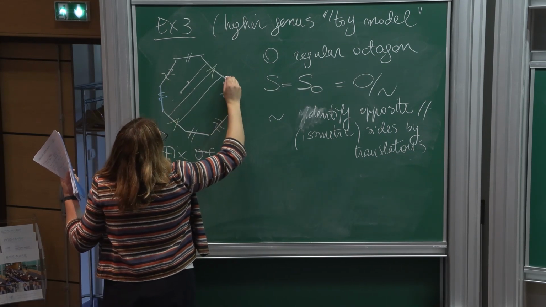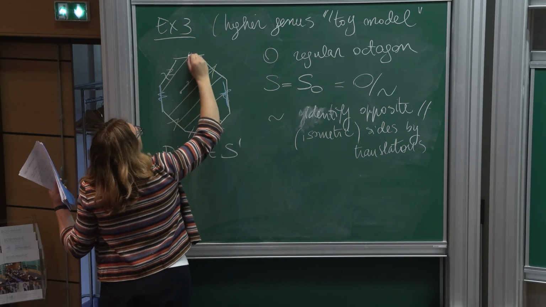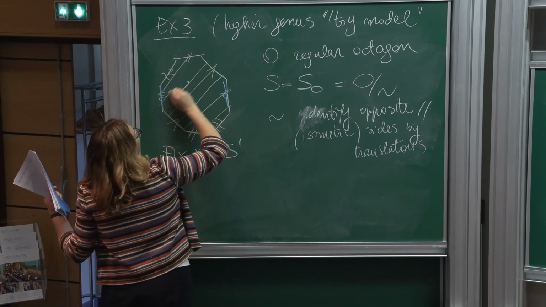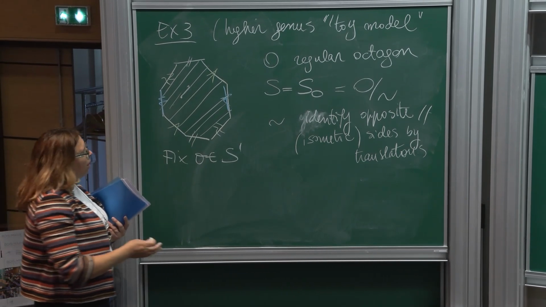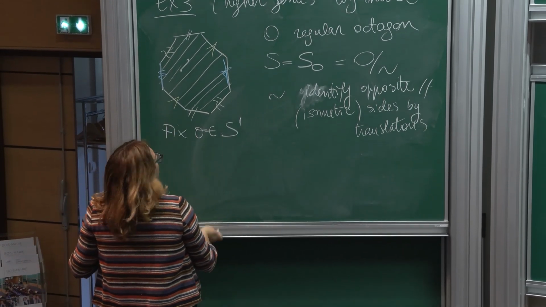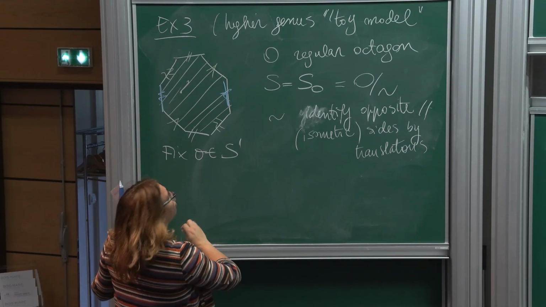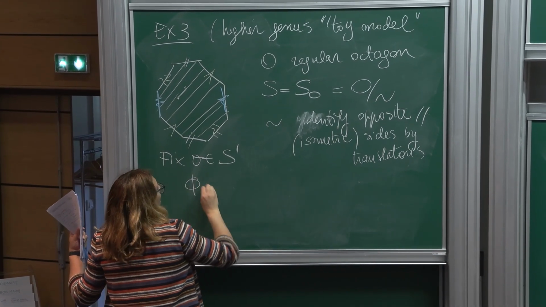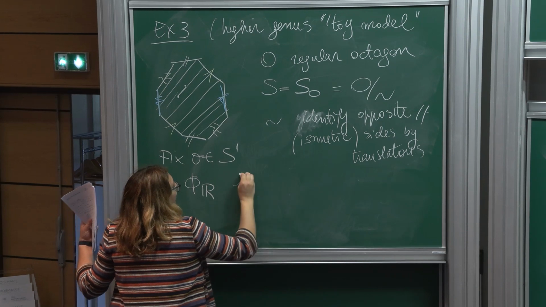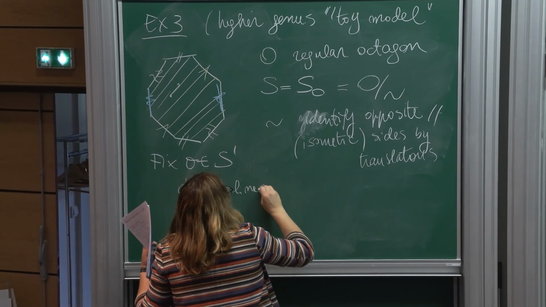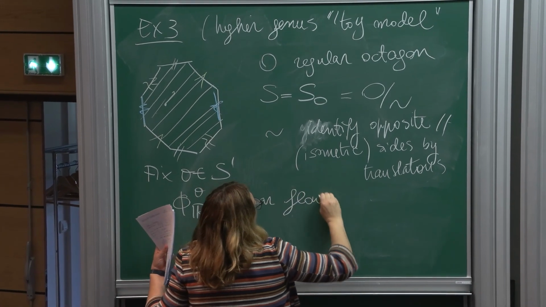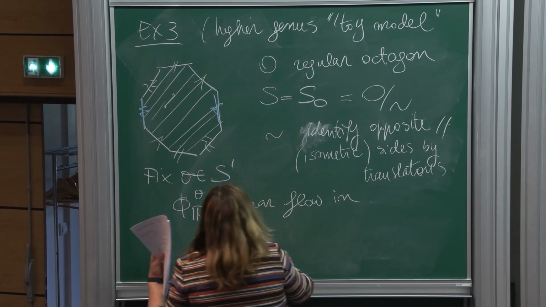Every time you go out, you come back using the gluing. Let me give it the same name that we had before. Phi^r_theta is the linear flow in direction theta.